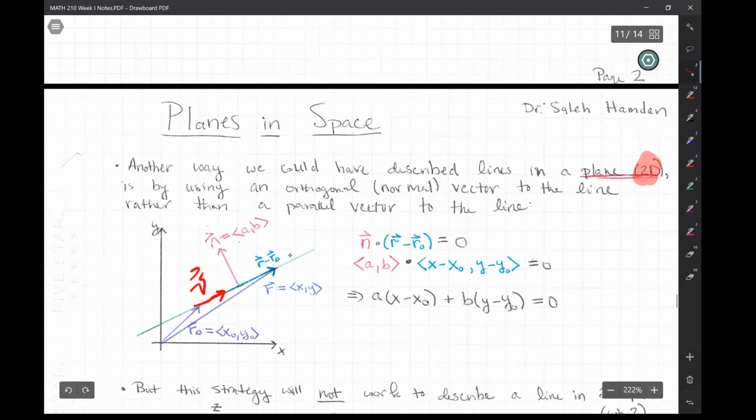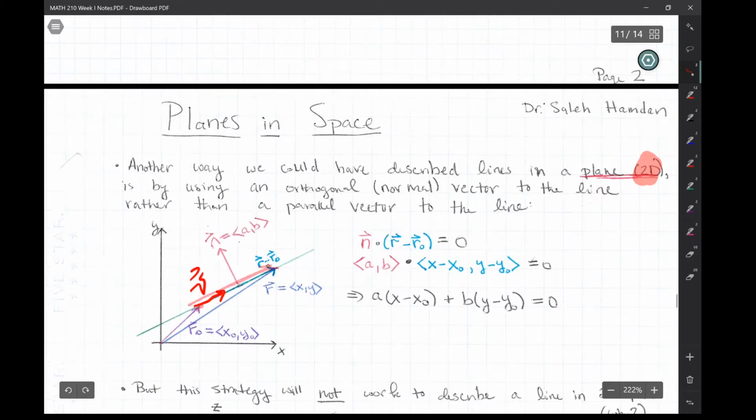We have, for any point r, this vector r in the darker blue there is a point. It's an arbitrary point xy on the line. Well, r minus r naught is a given point on the line.